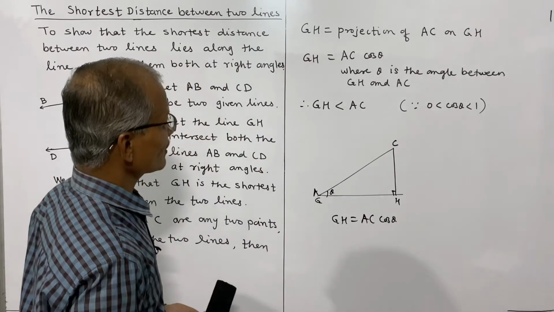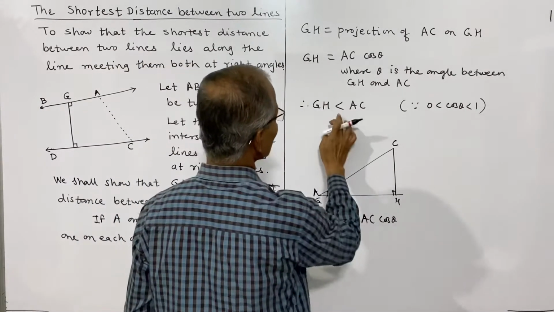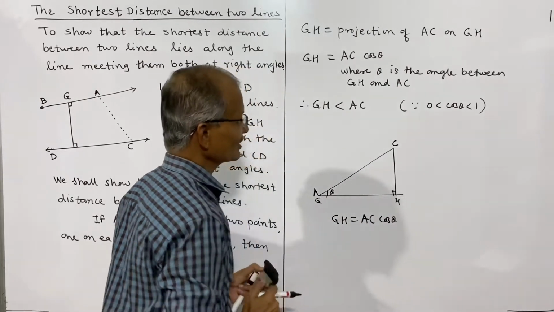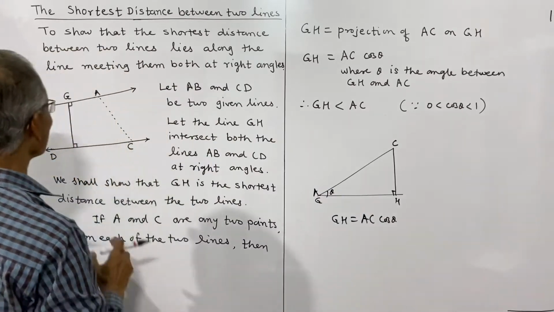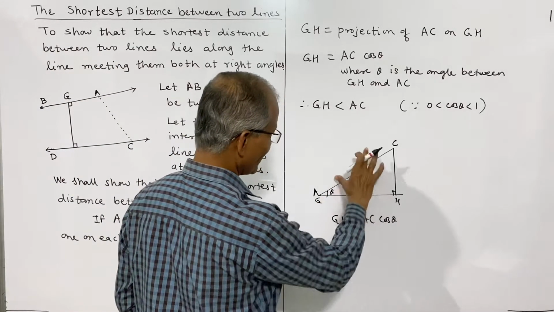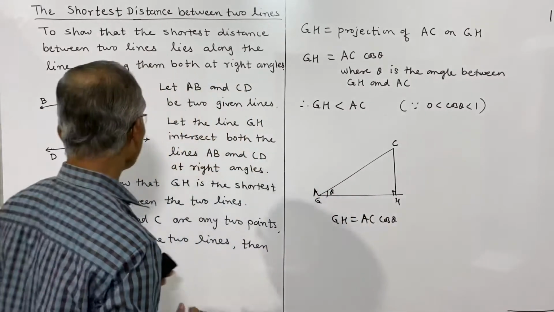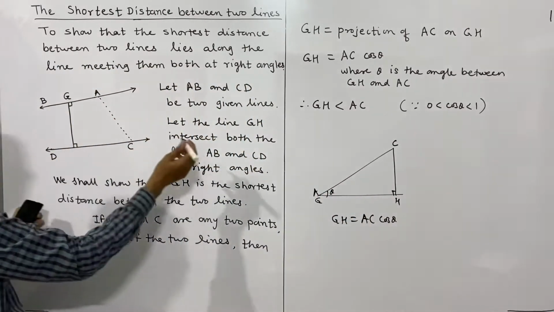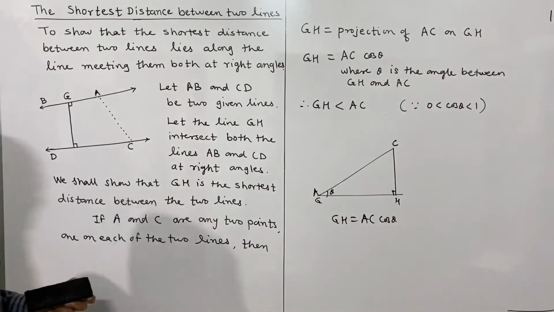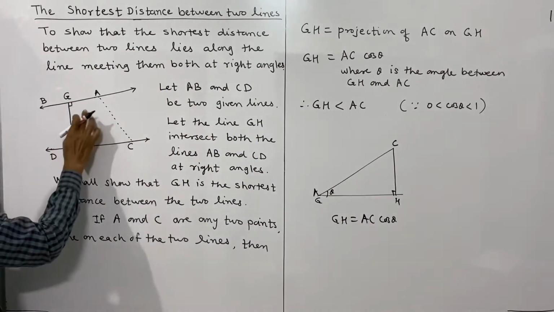And this shows that GH is strictly less than AC. Theta is between 0 and 180 degrees.